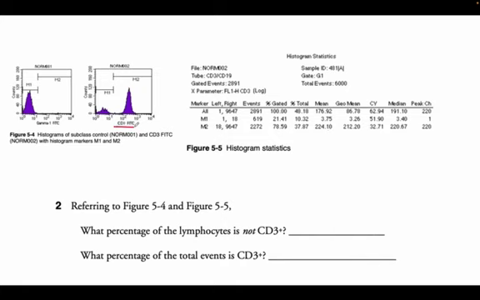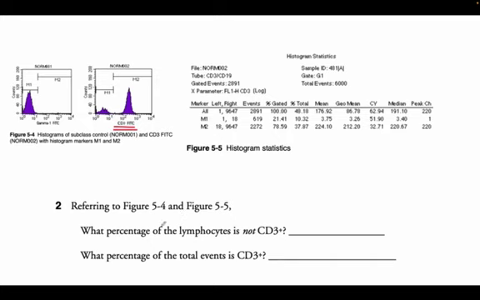Here we are looking at a surface marker called CD3. I have an antibody against CD3, and the CD3 antibody is conjugated to a fluorophore called FITC. Since I'm looking at this one property, this population which has low fluorescence intensity is going to be CD3 negative, whereas this population is going to be CD3 positive.